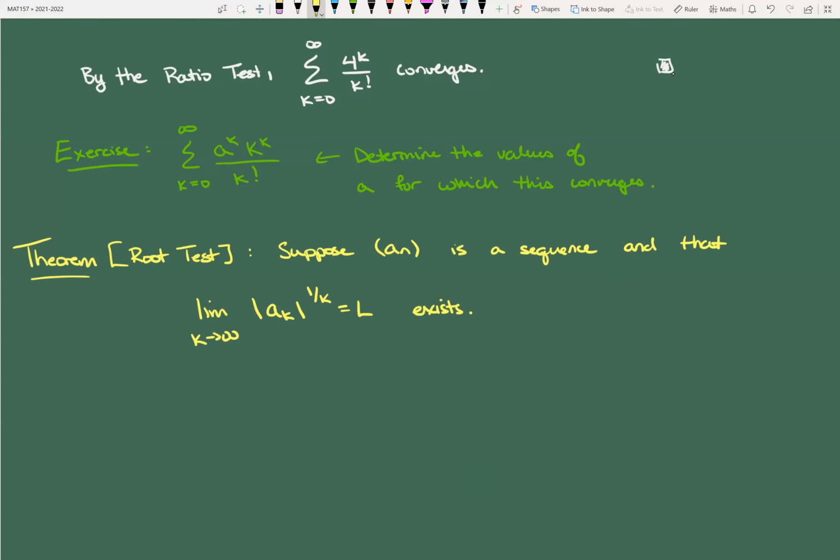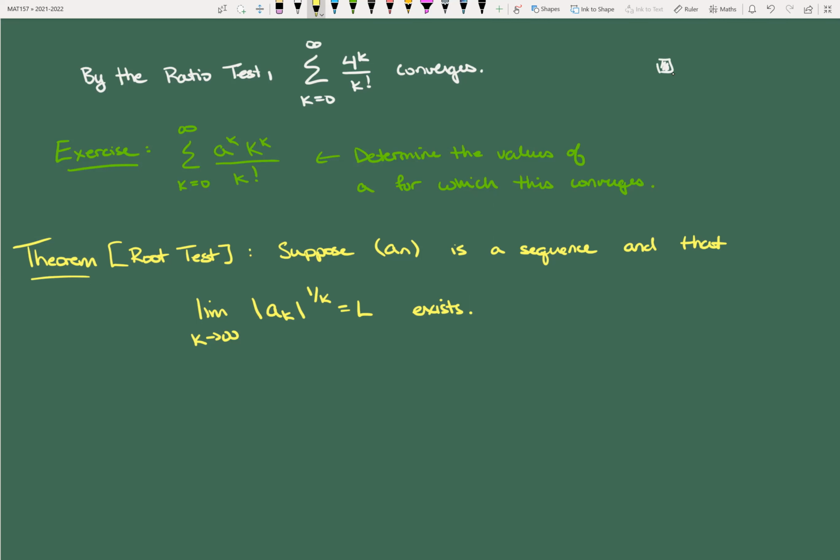We're not taking a ratio. We're not looking at consecutive terms. We're really just looking at the terms of the sequence, at least in absolute value. And then we're taking their kth roots. That's why it's called the root test. So we're taking the kth root of the kth term.